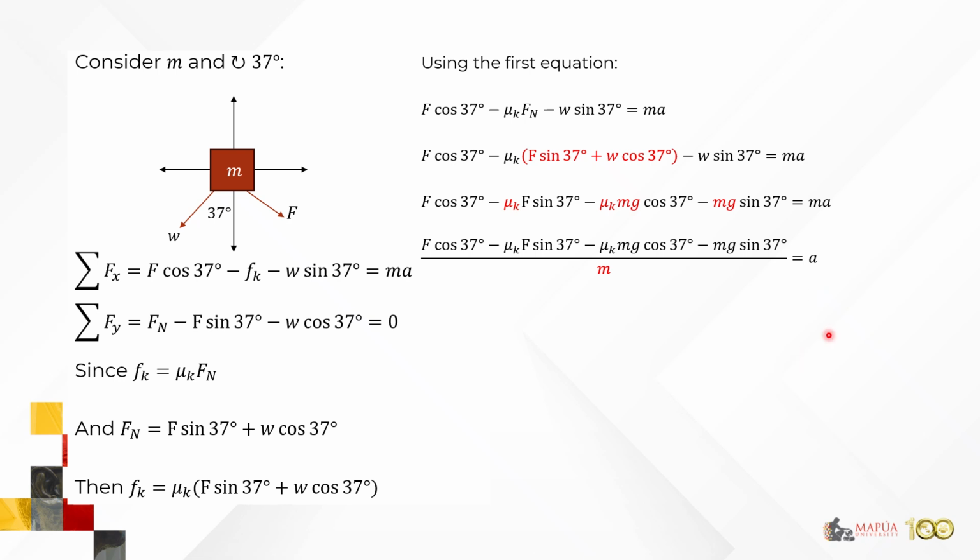Next, to calculate for a, we can just divide both sides by m, the mass, and then we can factor out F over m, times cosine 37 minus mu sub k sine 37, minus mu sub k times acceleration due to gravity g times cosine 37 degrees, minus g times sine 37 degrees, is equal to acceleration.